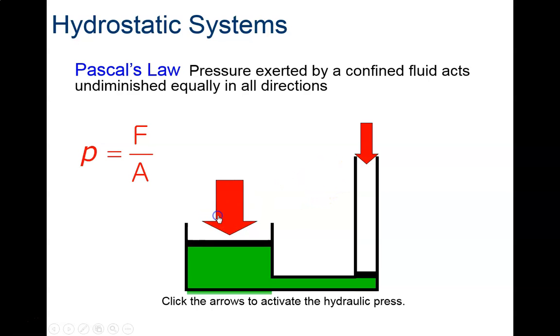So when I push down on this big piston, I get a lot of linear motion on this piston over here. When I push down on this piston, I don't get as much motion, but I get a lot more force. That reminds me of levers in simple machines.